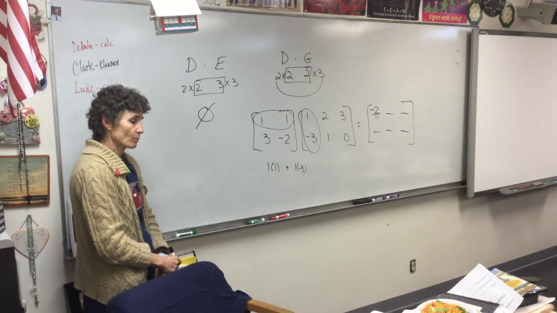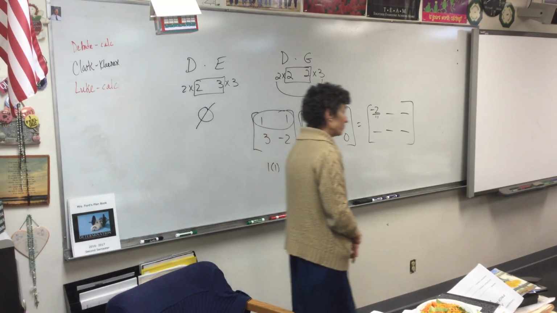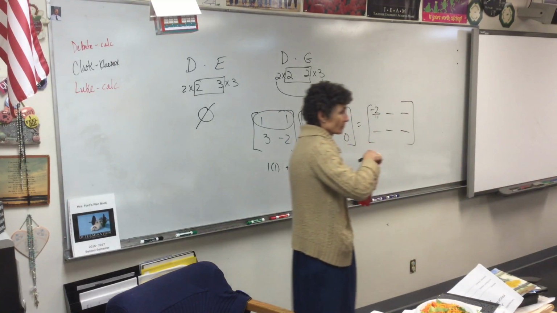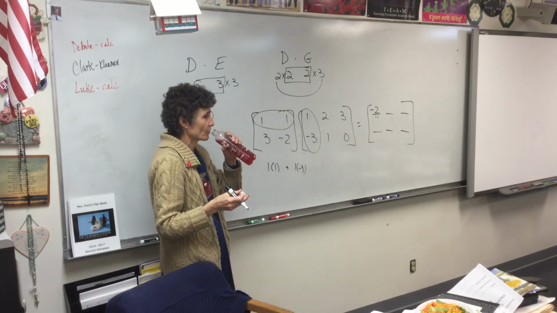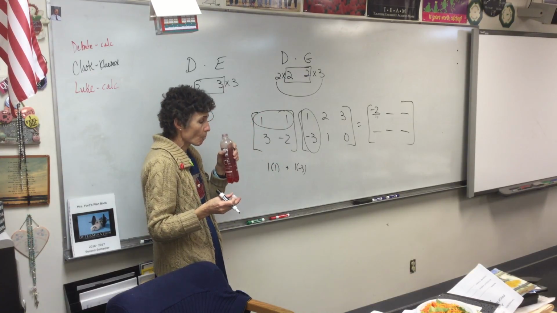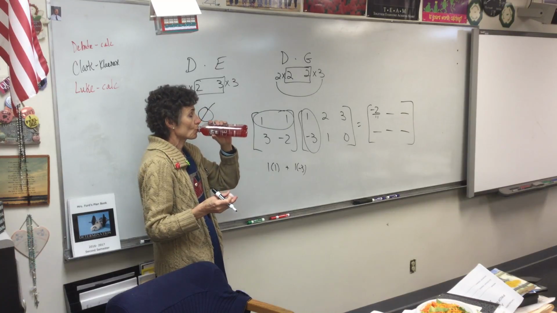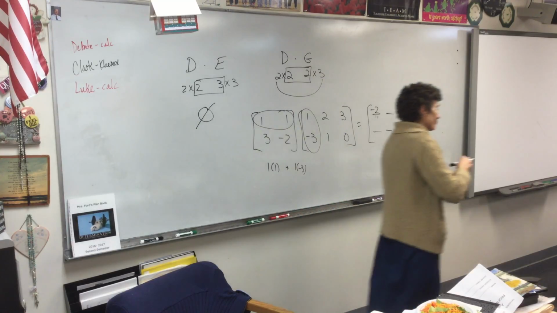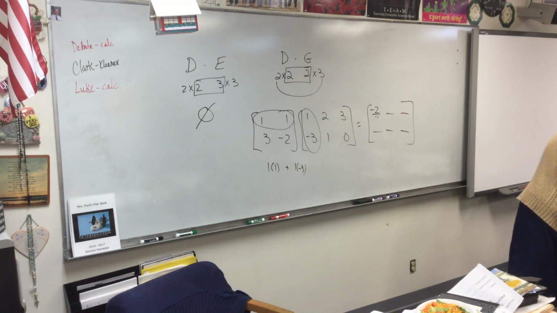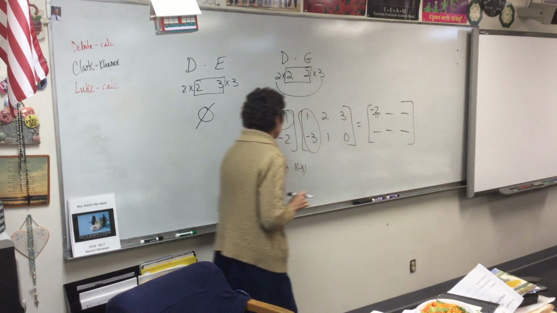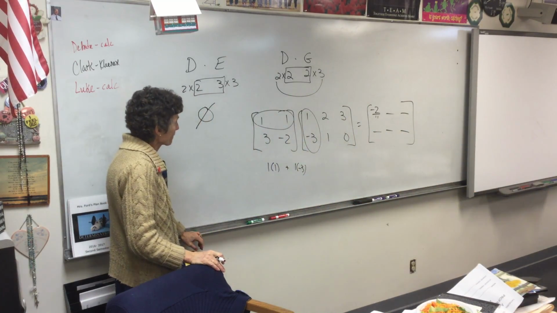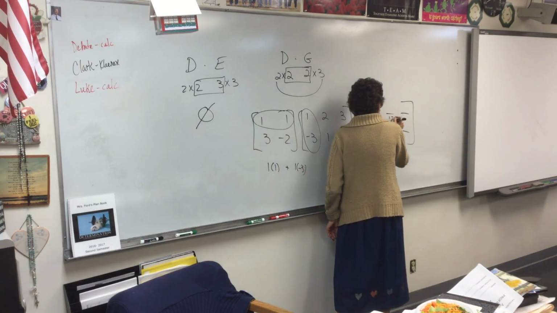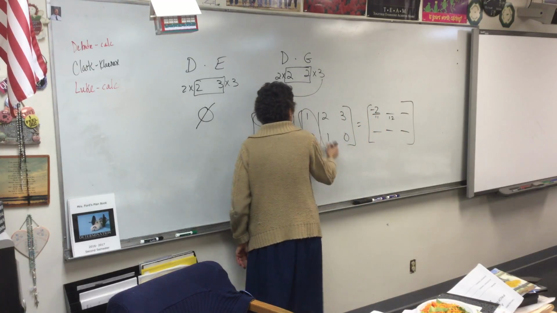All right, would you go ahead and fill in the rest of them? And then I'll fill them in and we'll see how many you got right. Go ahead, put a pencil in your hand. Let's go. Remember, to get this number right here, you'll be doing the first row and the second column.